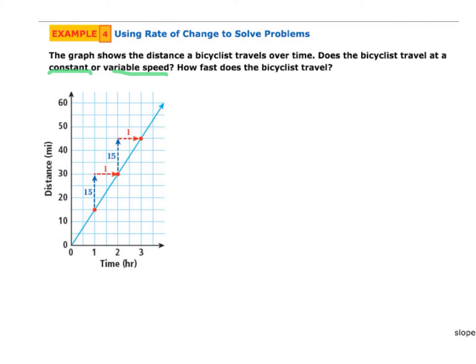Or does our line have a constant slope the whole time, forever and ever? Well, if we take a look at our line, it continues on the same slope of 15 over 1, forever and ever. So, our slope does not change. It is constant.